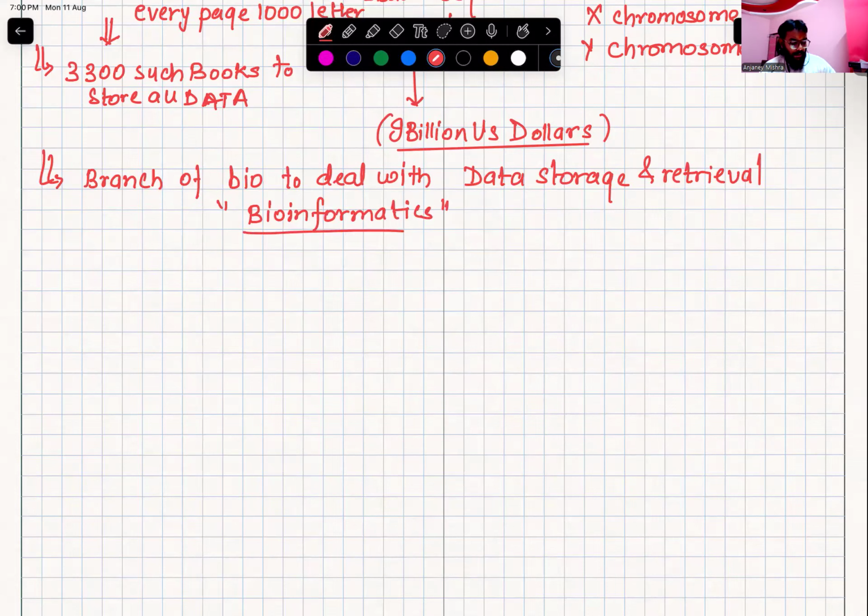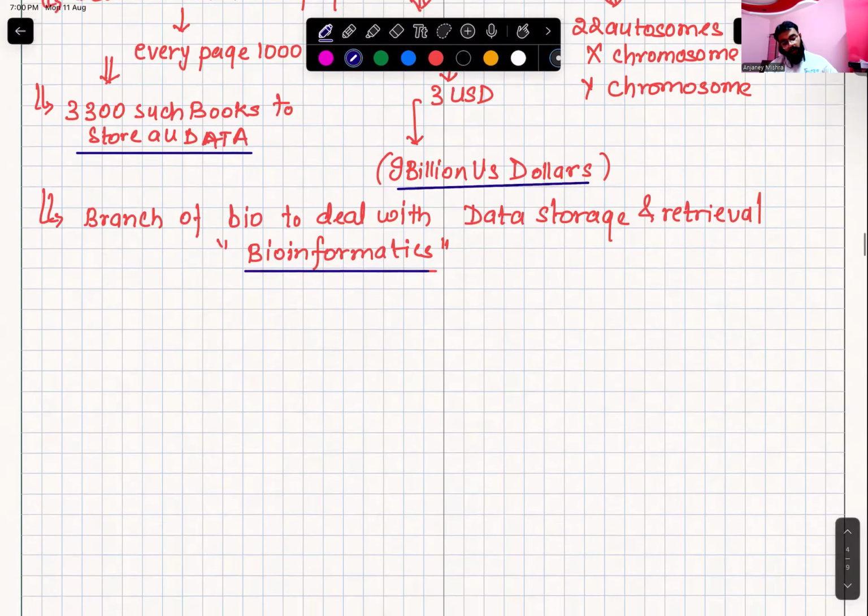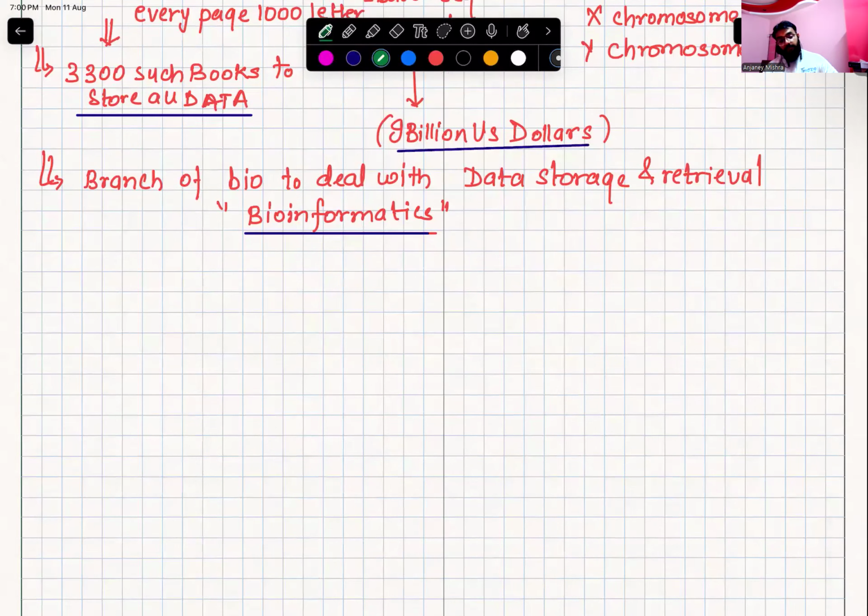Sir, so what, sir? A new branch has been formed and so many books or so much money have been used. We are still not getting how big of a project it was. Okay. Then I'll tell you the people who are involved. So many people are involved, right? So first, agencies involved.